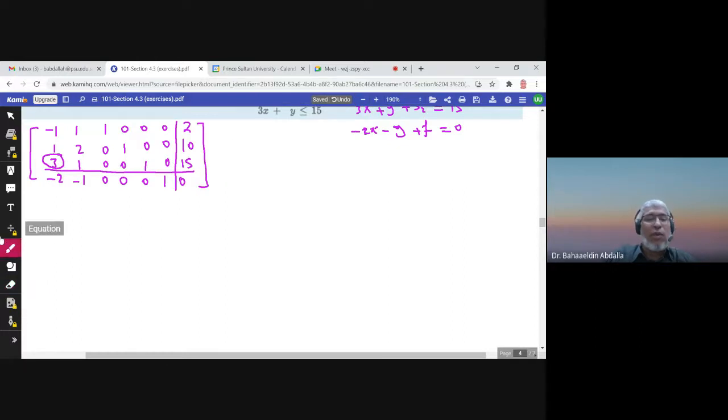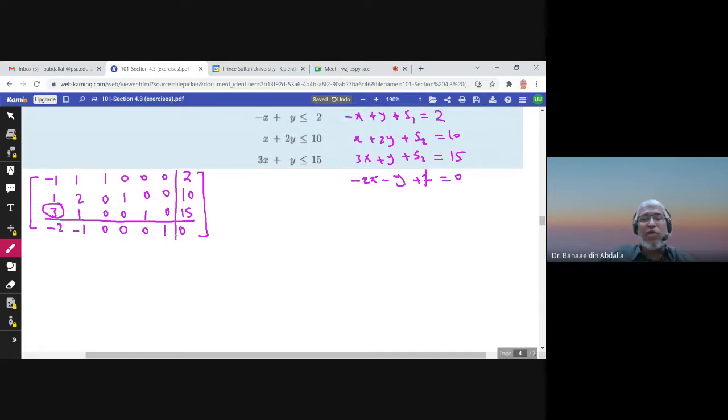Now I will divide this row, row 3, by 3. This is the first row, the second row without a change, and now the third row.